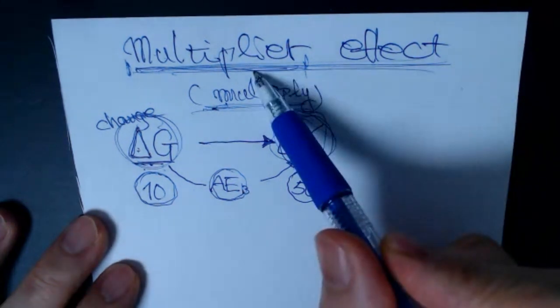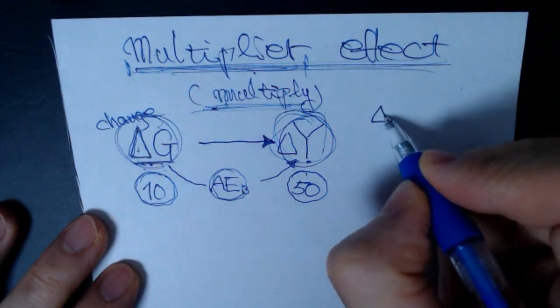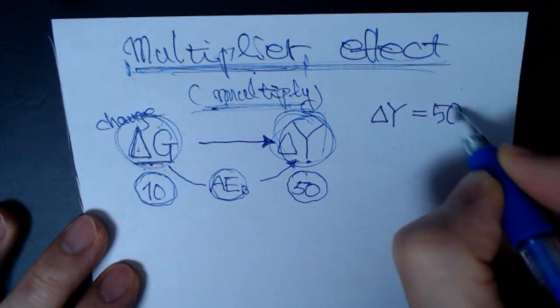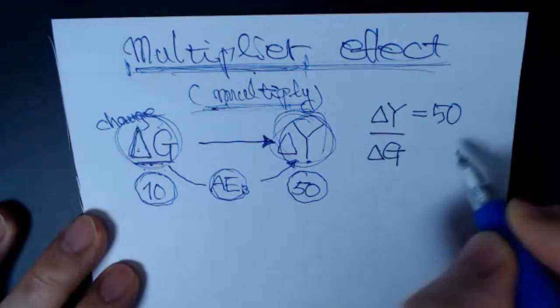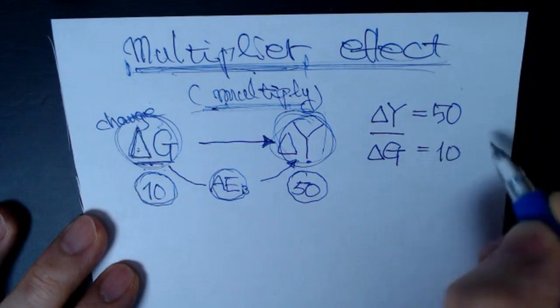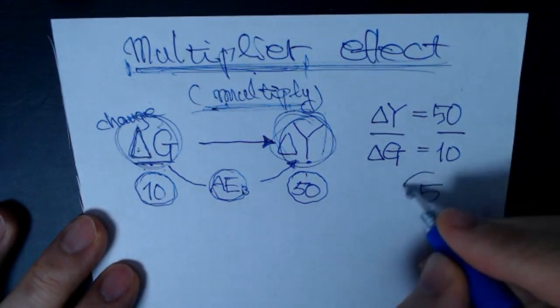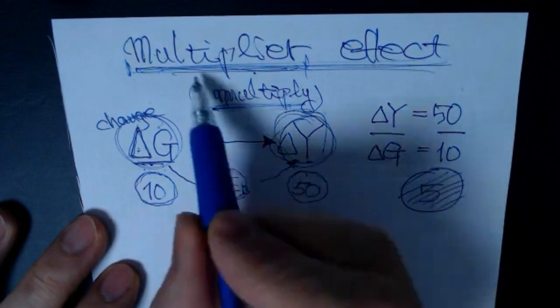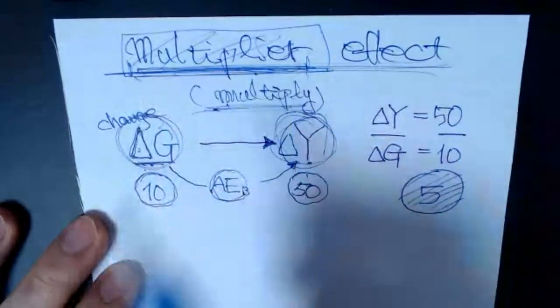Then we can calculate the multiplier in this way. Output changes by 50 when government spending changes by 10, which is 5. So this number 5 we call the multiplier, the size of the multiplier.